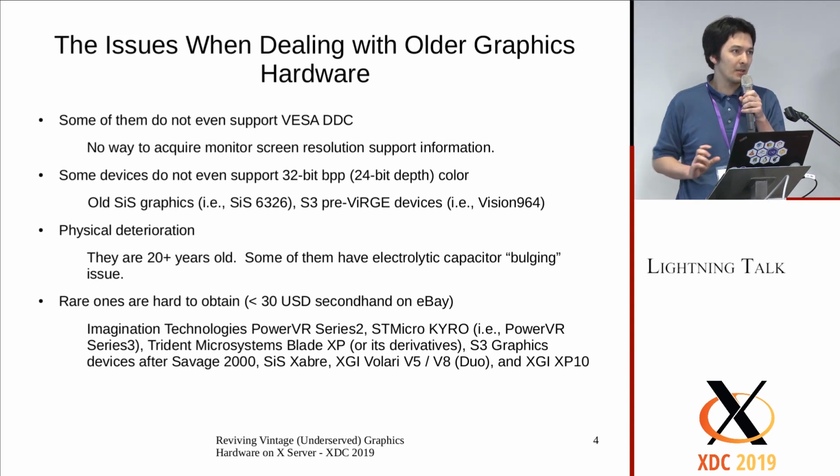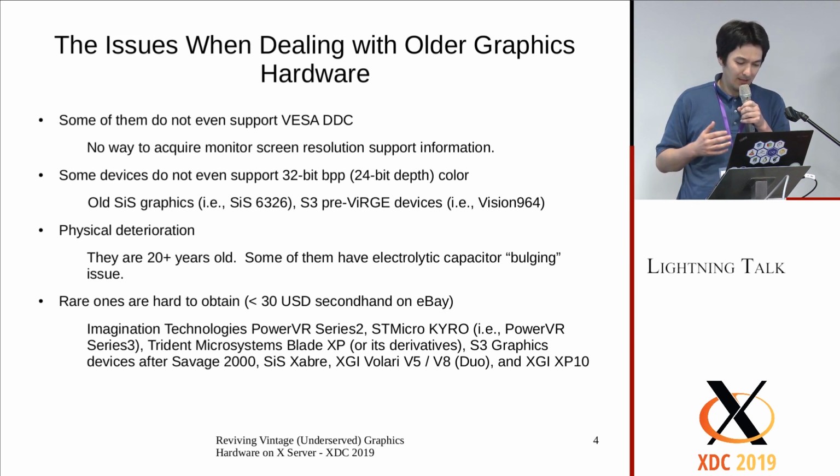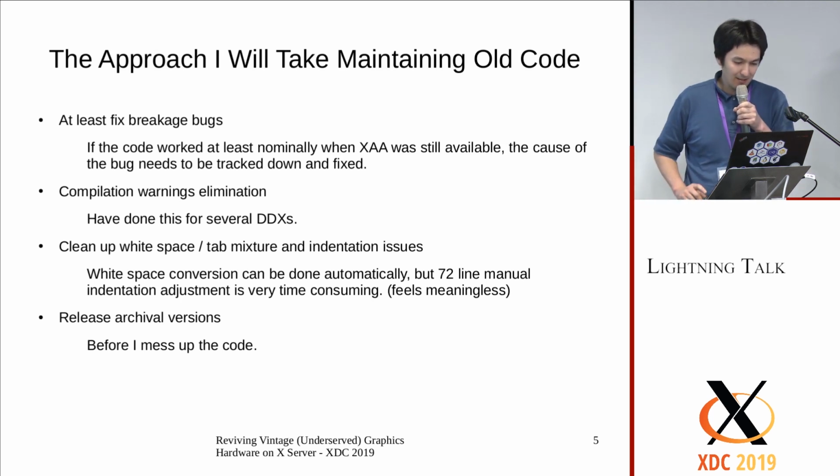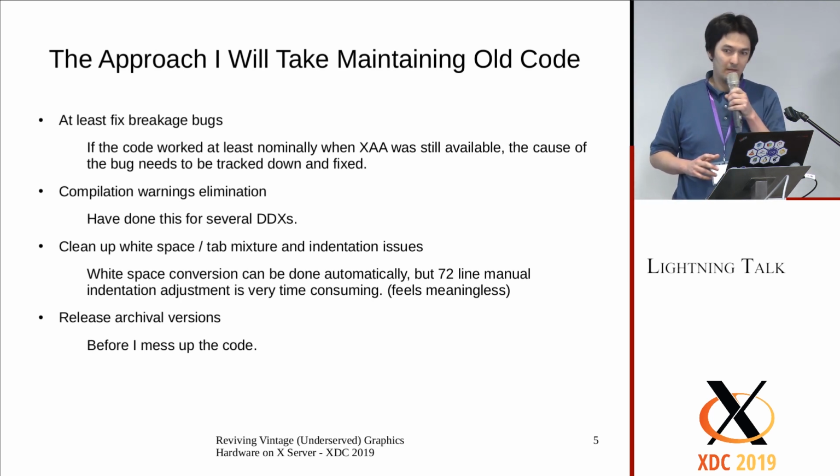Some of them are actually 3 bytes, 24-bit BPP, and that causes a lot of issues. xserver 1.20 got rid of support for 24 BPP. And then it's hard to obtain some of these minor cards, if some people recognize them. So this is the approach I will take for how I will maintain the code.